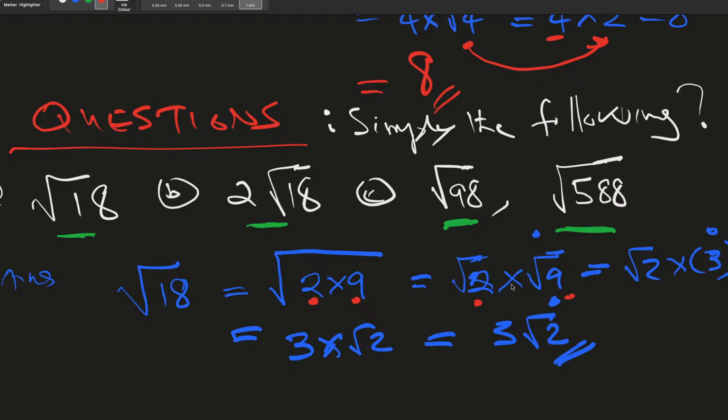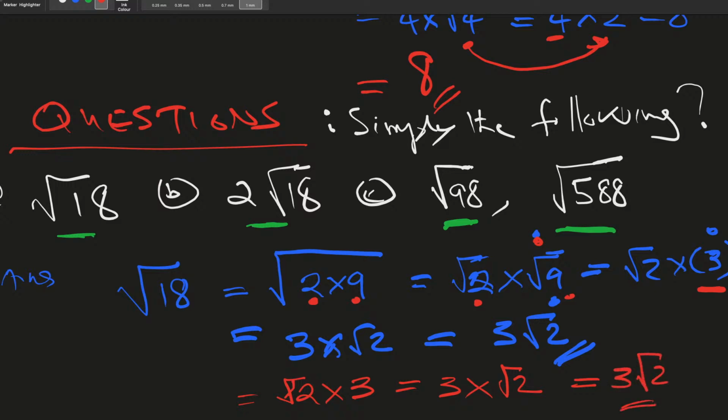But we were able to find the square root of 9, and we place it here. Root 2 times 3 is the same as 3 times root 2. So the final answer is 3 root 2.